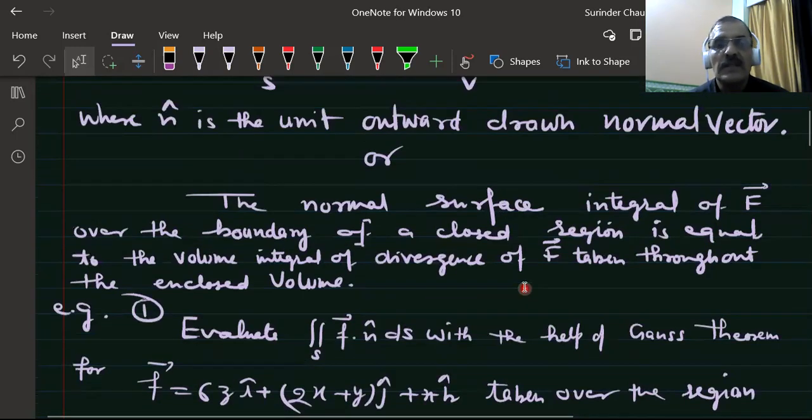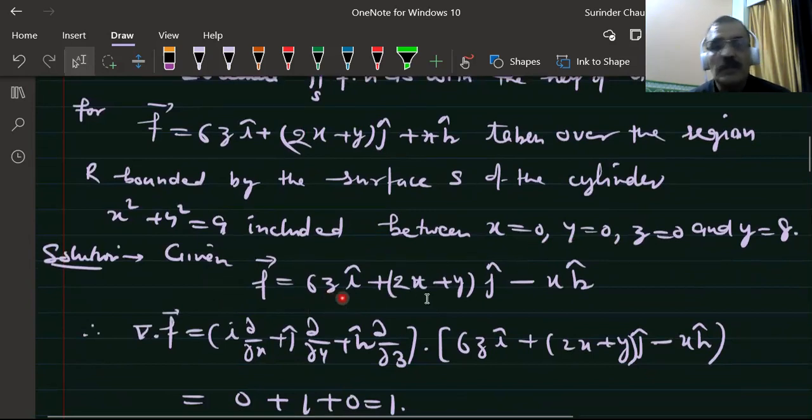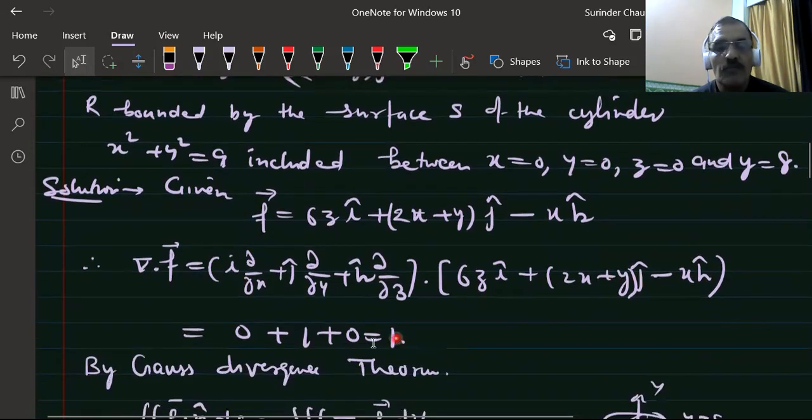Right. Now how to find this? The vector is given. Now we'll find the divergence of F by using the Gauss theorem. Divergence of F is equal to del dot F, so this comes out to 1.